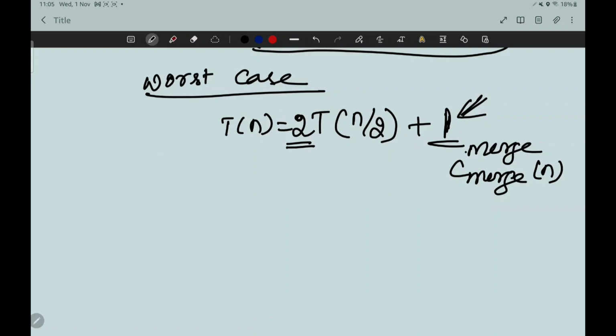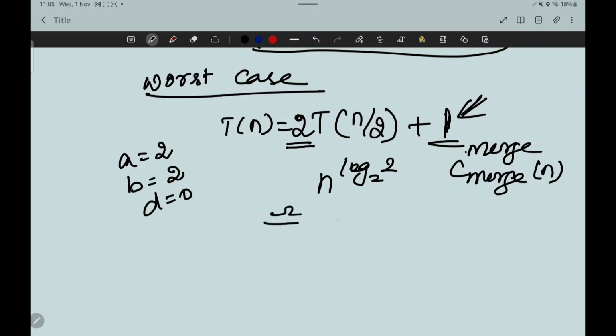Now we can solve this recurrence relation with the substitution method or the master theorem. Better we can take the master theorem. A is equal to 2, B is equal to 2, D is equal to 0. Why? Because there is no function available in the part of f of n, only 1 is available. Therefore, that particular function is taken as d is equal to 0.